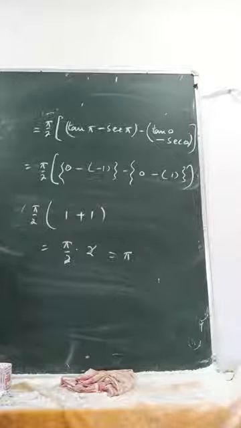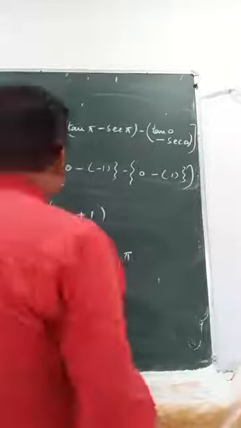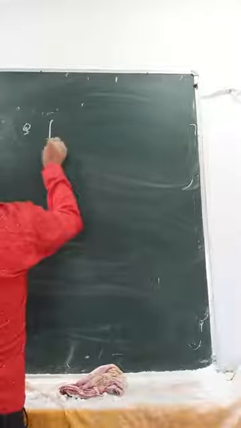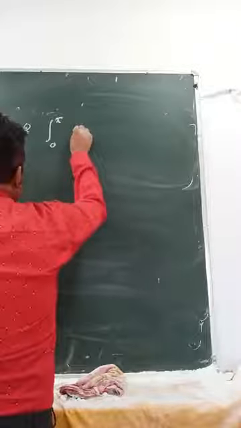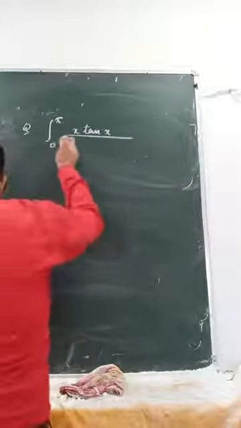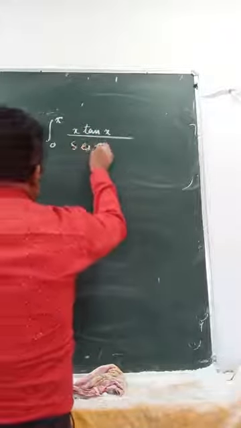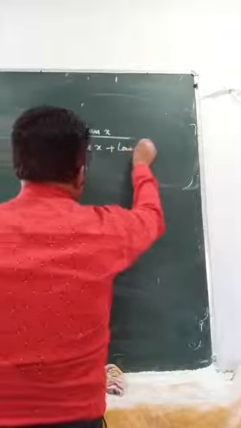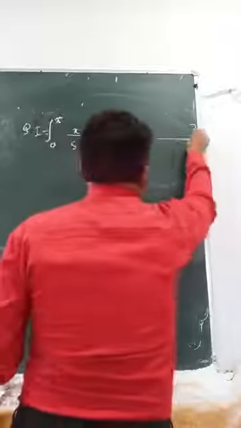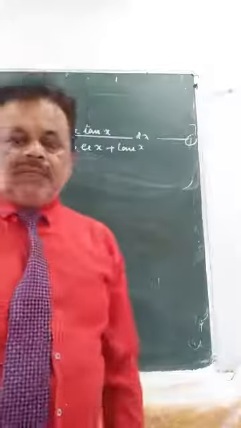There is a question: integral 0 to pi, x tan x by sec x plus tan x. Okay, this is our question. What is the first step?